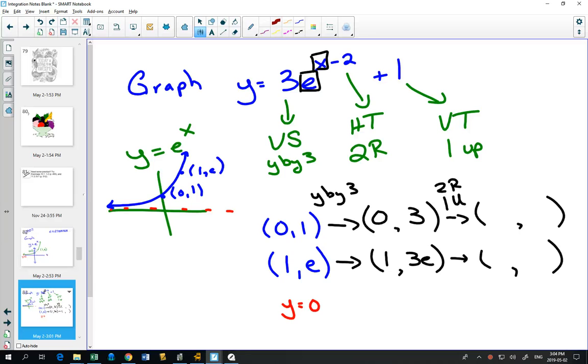Okay. And now we need to go 2 to the right. 2 to the right would make this a 2, this one a 3. Up 1 would go to 4. And how do you do up 1 with 3e? 3e plus 1.